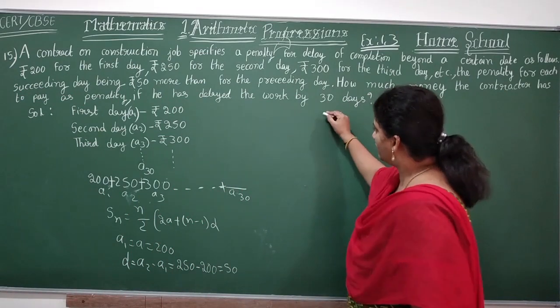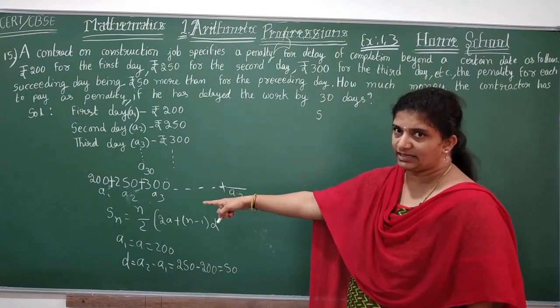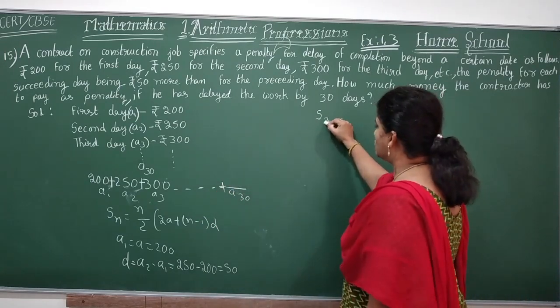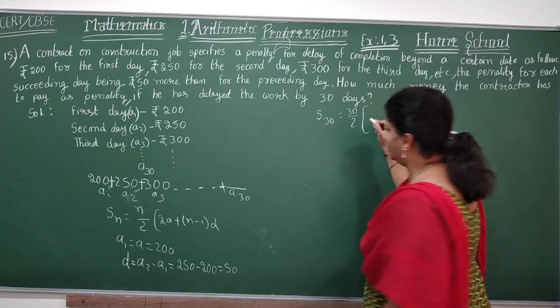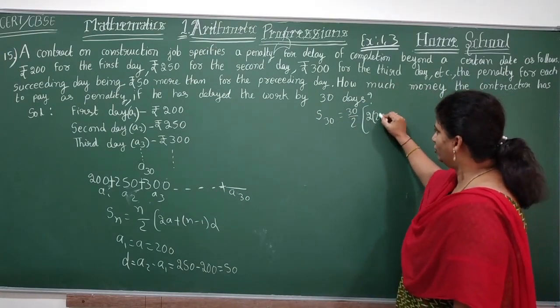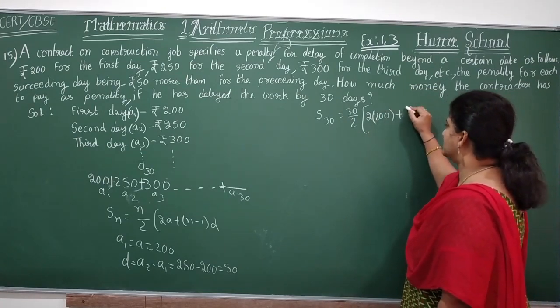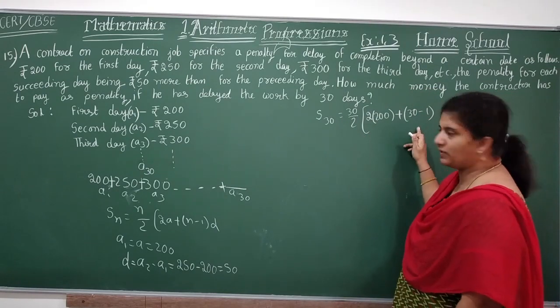What's your formula? Already we have seen n value is how much, children? 30 days penalty he has to pay. So S30 is equal to n value is 30 by 2 into 2a, 2 into 200 plus 30 minus 1, n minus 1 into d.